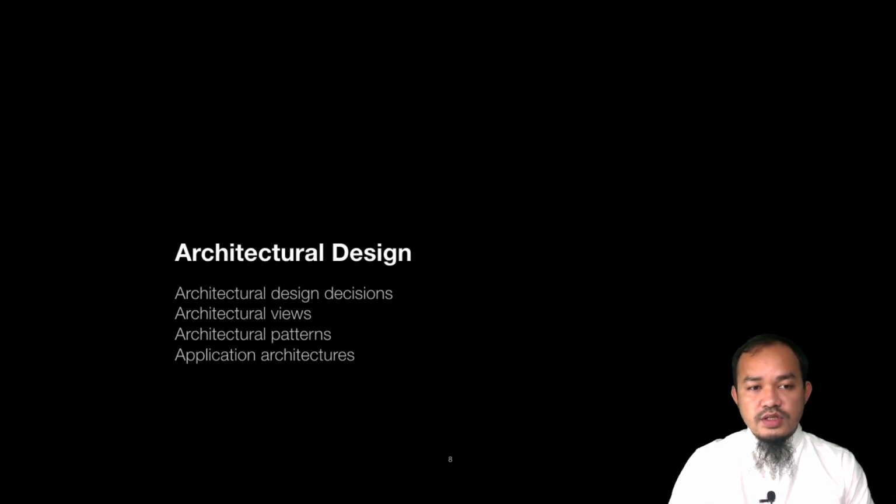We discussed architectural design, including architectural design decisions, architectural view, patterns, and what kind of architecture can be applied to any software. How can we apply it to the software that we discuss?